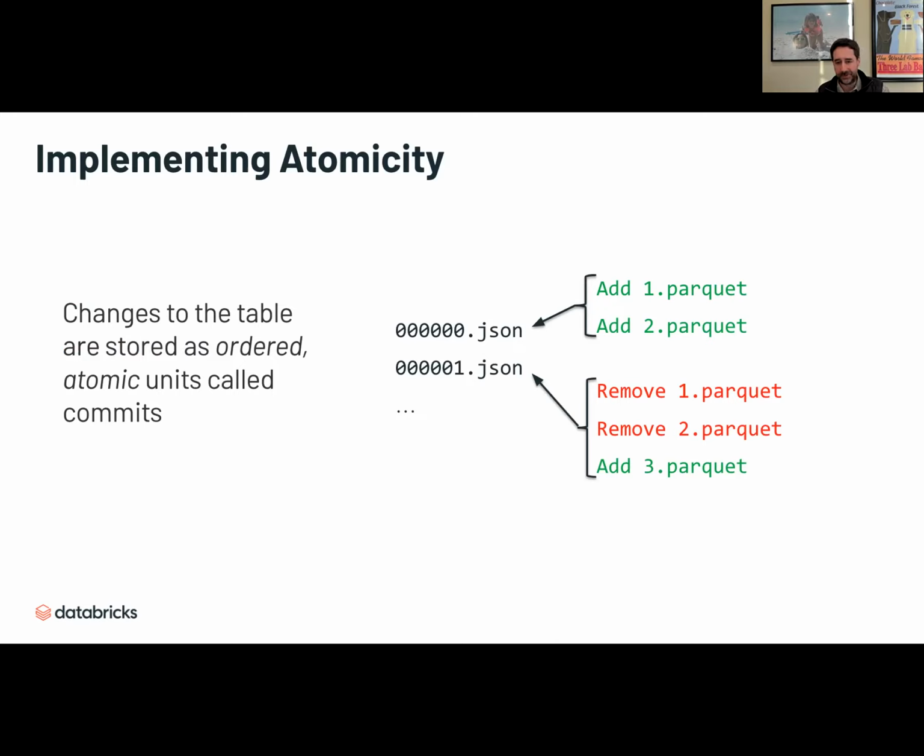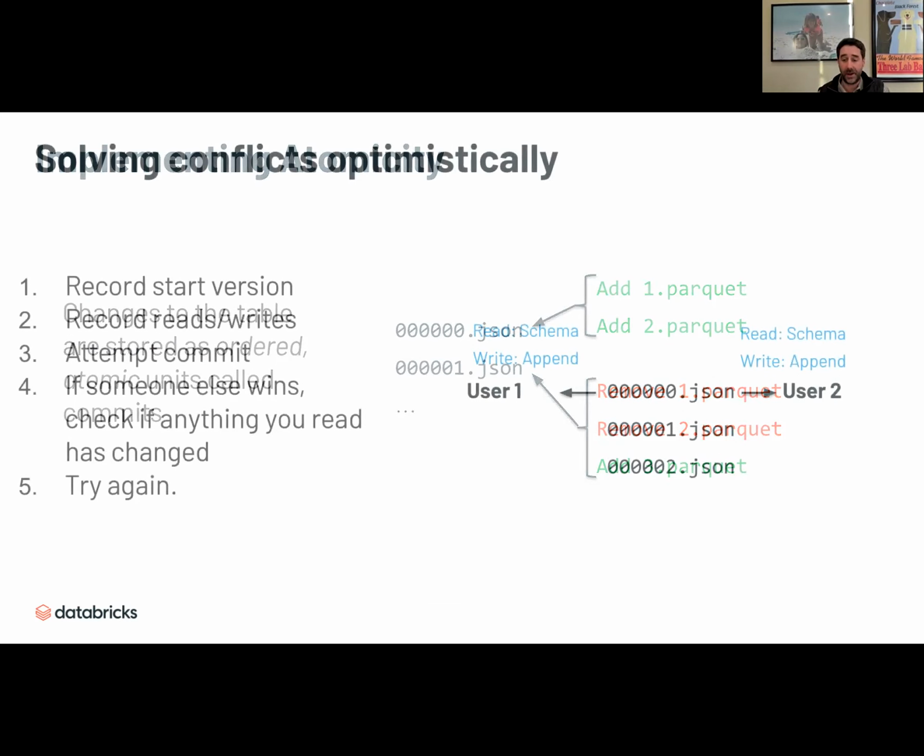So this is an example of what version 0 would look like to version 1, where you added 2 Parquet files, and then in version 1 you removed them and added a third Parquet file. There also can be cases where these are together, and you could actually remove 1 and keep 2 and add a third.